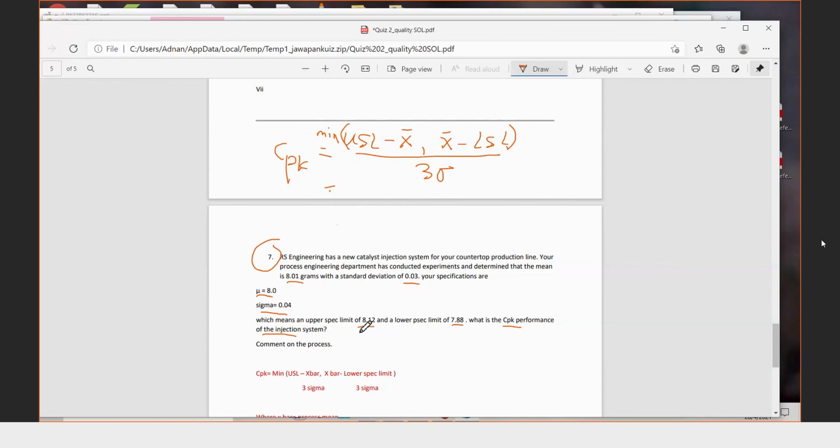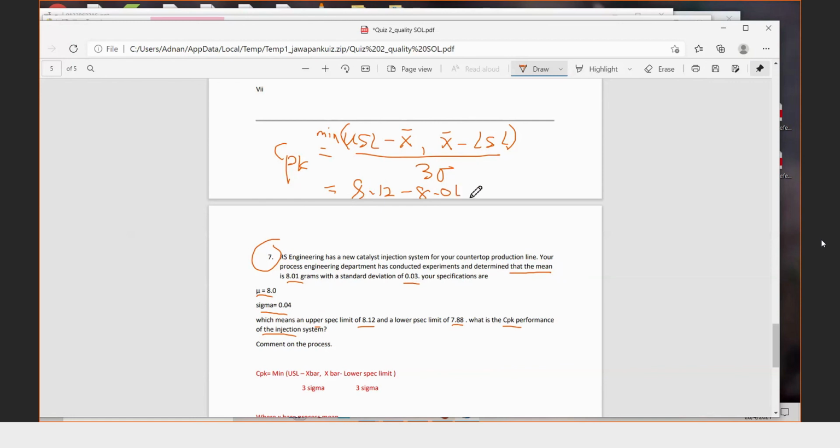Okay, so in this example, what will be the values? Okay, it's shown given here that the upper spec limit is 812, okay, minus the mean. What is the X bar? 8.01. Okay, setelah diberitahu sini ya, determine that the mean, okay, the mean 8.01.